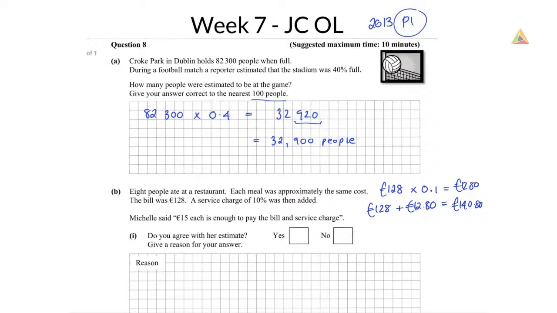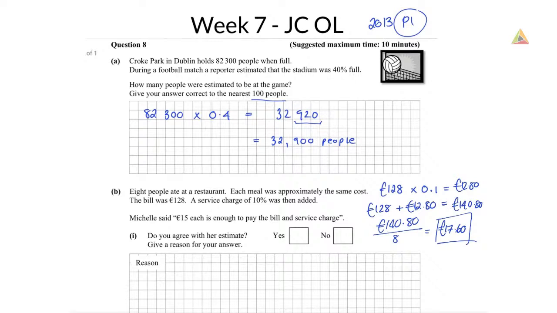Now there was 8 people in total. So the total bill was €140.80. So we divide that by 8 people to give us how much roughly each person should be paying. So €140.80 divided by 8 is €17.60. So this is the figure that each person should be paying.